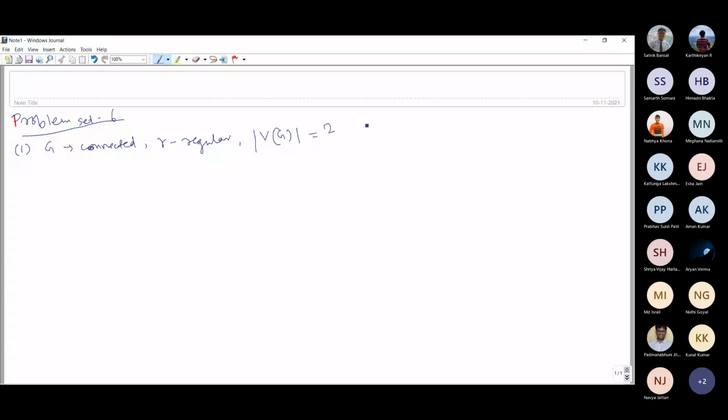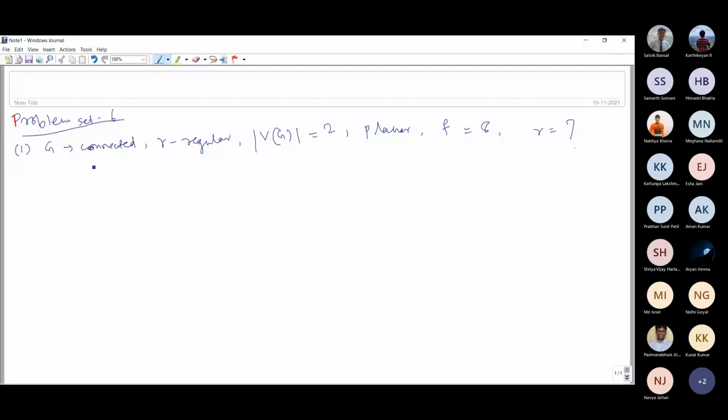It is basically a regular planar graph. When it is embedded in a plane, it results in 8 regions or 8 faces. So this is taken to be a planar graph, and the number of faces f is equal to 8. Find the value of r. Did you try this problem? How can you proceed?